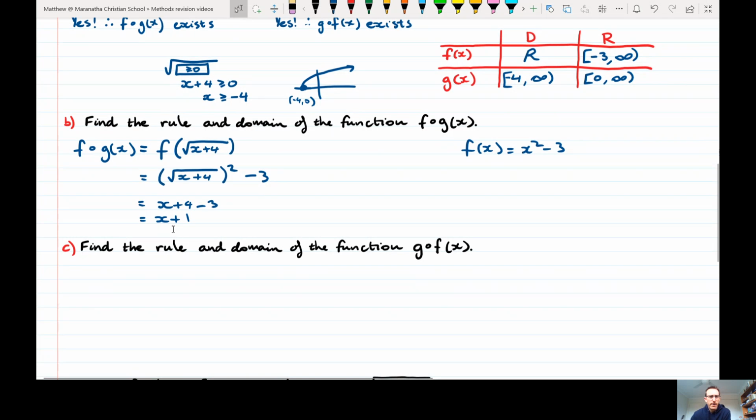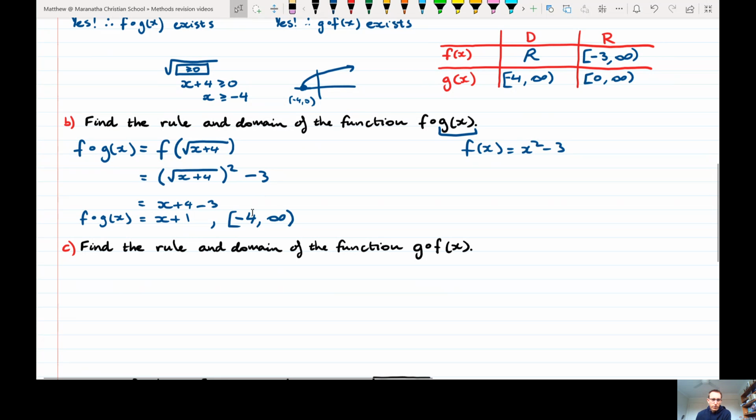But what is the domain? So there's our rule as required, but it also asks for the domain. Well, remember we said if it exists, the domain of f of g is just the domain of g. That was our rule from up the top. So the domain of g was -4 to infinity. So we're going to have to put here -4, comma, infinity.